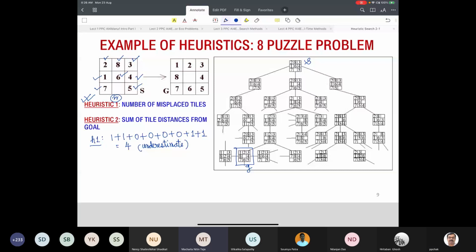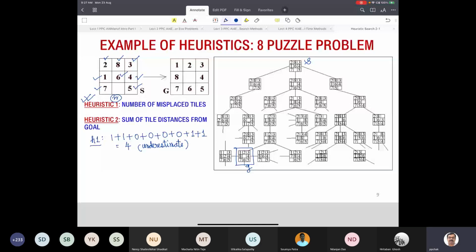Because it doesn't tell us how far the tiles are from their actual positions, the sequence of moves, but we know that one misplaced tile will require at least one move to go to its final position. So it is obviously an underestimate.